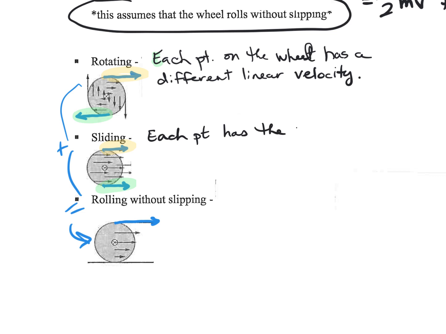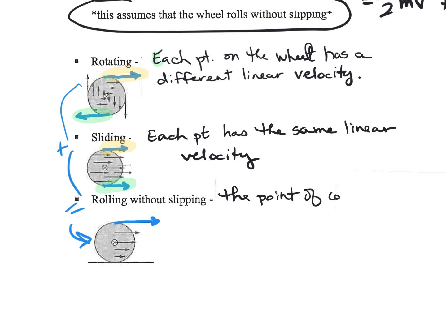The same linear velocity. Rolling without slipping, the point of contact, that would be right here, wouldn't it? The point of contact between the wheel and the surface.